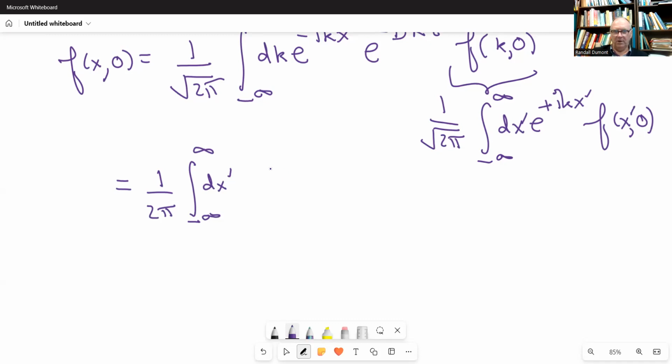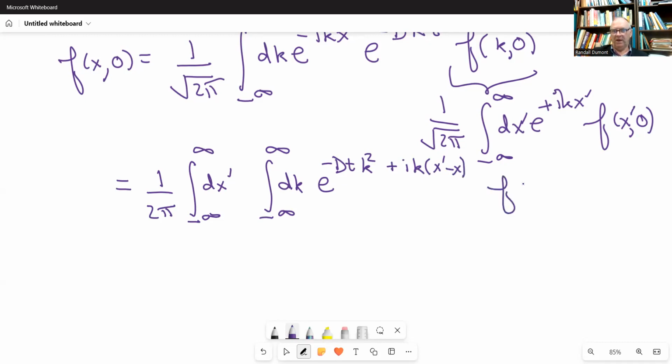And then I've got the integral over k. This looks like this. It's got the d t k squared. And then we have plus i k, x primed minus x.